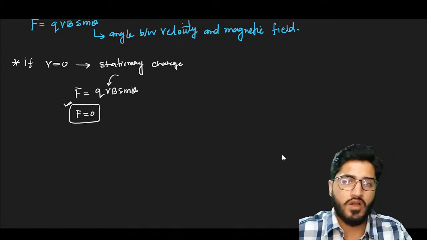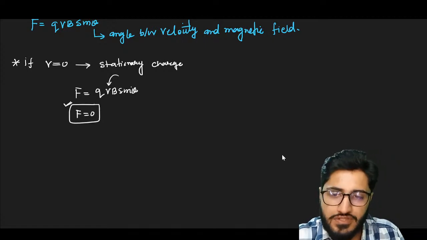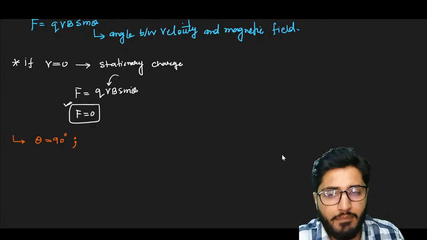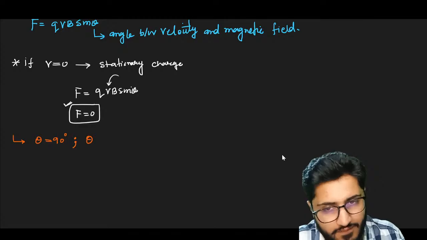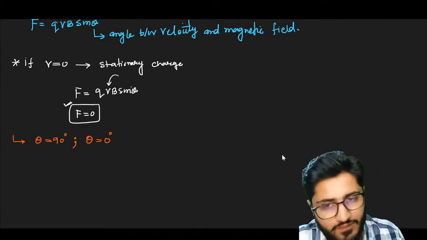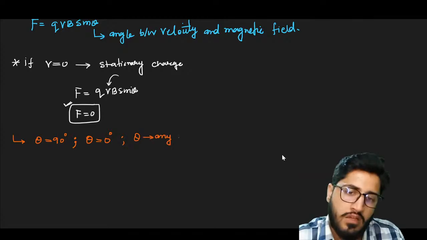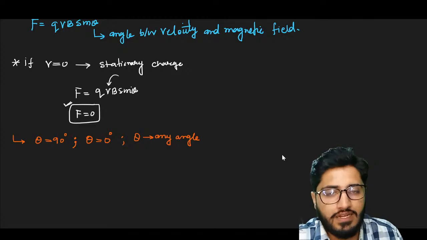Now in our examination, we have some cases. First, if theta is 90 degrees, that means the angle between velocity and the magnetic field is 90. Second, if the angle is 0 degrees. Third, theta is any angle. You will get your numerical problems based on these three profiles.